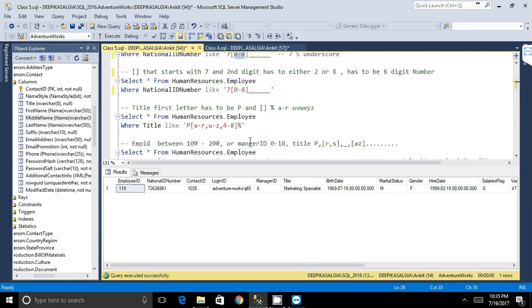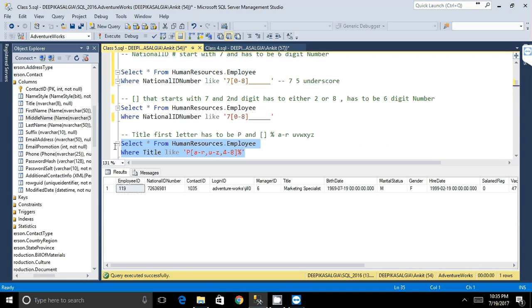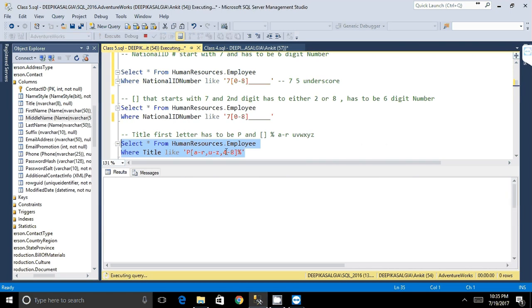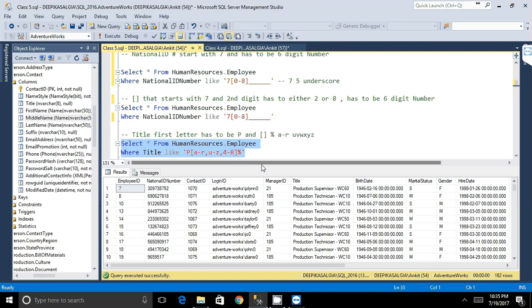Let's do this on the other column. In here I have, so see, what I'm doing is I'm saying the second letter could be between A to R, or it could be between U to Z, and it could be between 4 to 8.